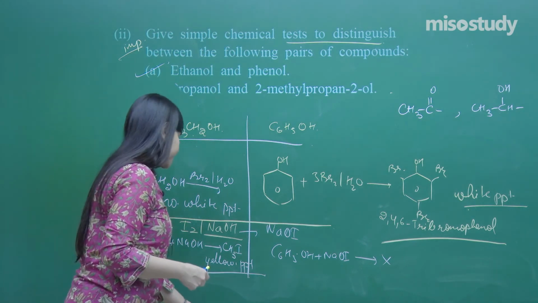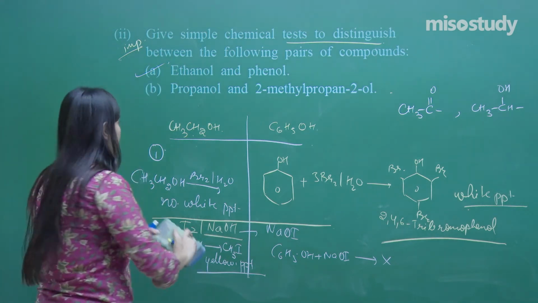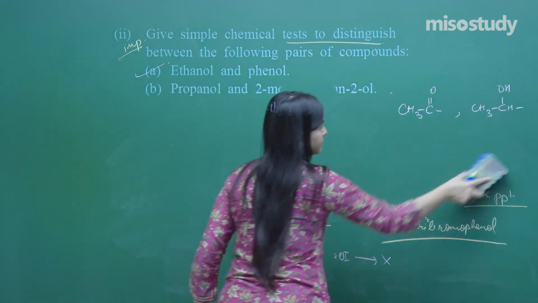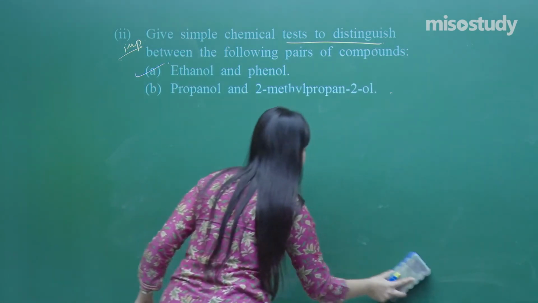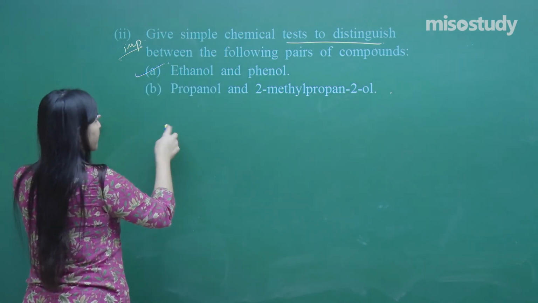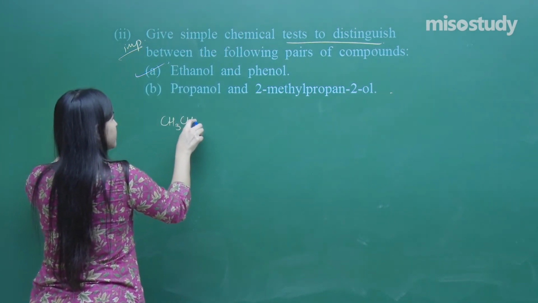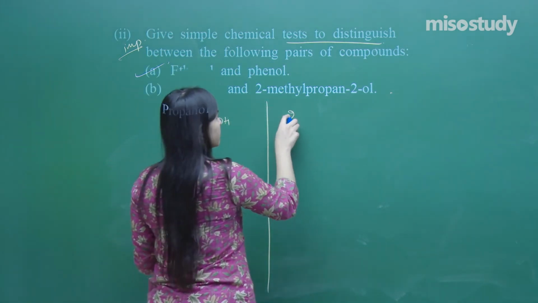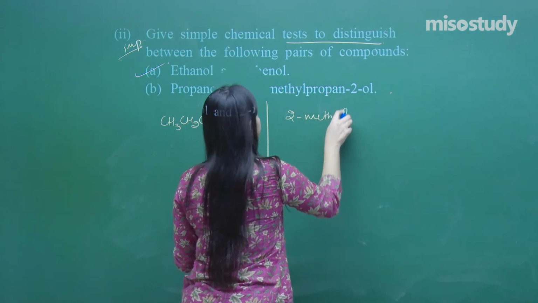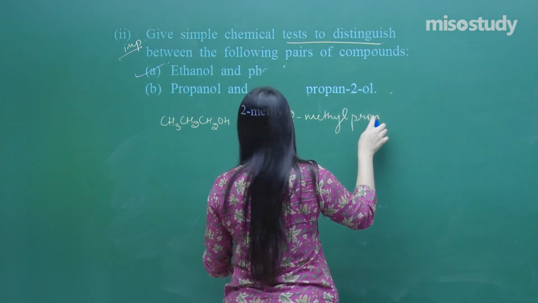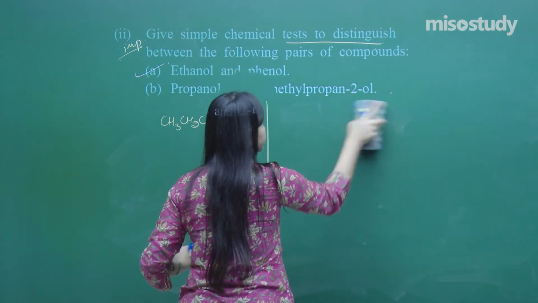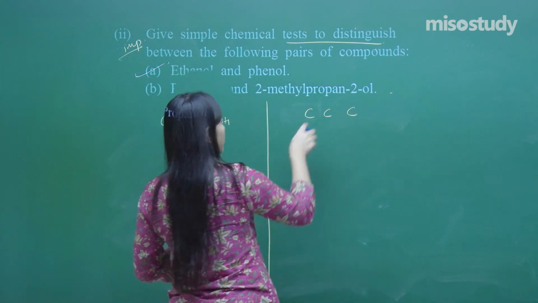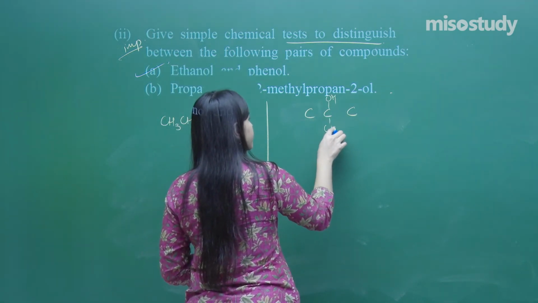See here. First just try to write the structures for these. Propanol, 2-methyl, okay, wait, sorry, 2-methyl propan-2-ol, yes.